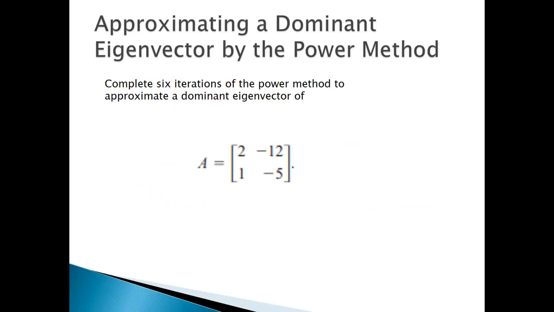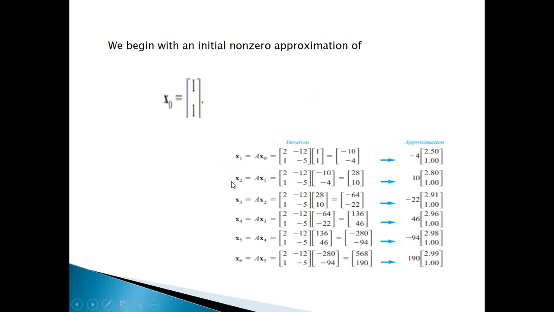Perform up to 6 iterations in order to get the approximation of the dominant eigenvector from the given square matrix A equal to [2, -12; 1, -5]. This is the given square matrix. Now coming to the solution.